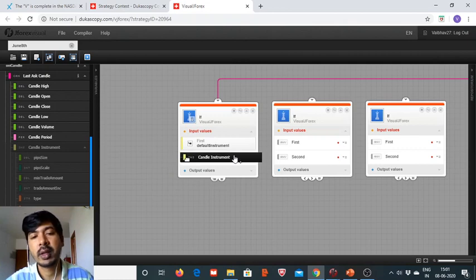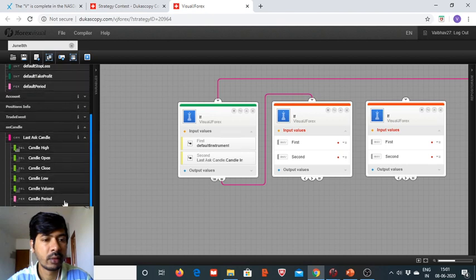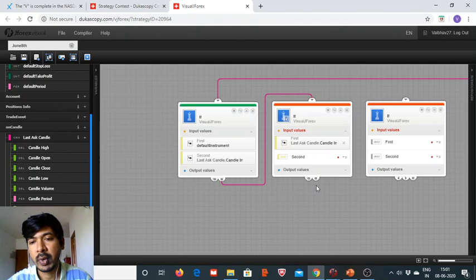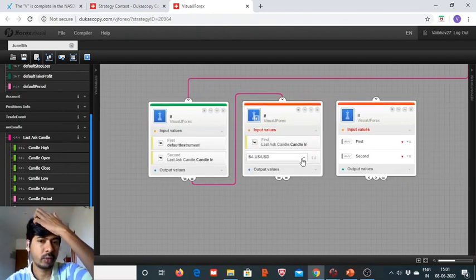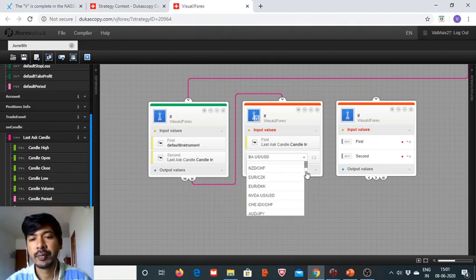The default instrument and the candle instrument should match. So we put this condition, it should be equal, and then the candle instrument should match the defined hard-coded instrument, which is going to be Euro USD. So here we bring in Euro USD.